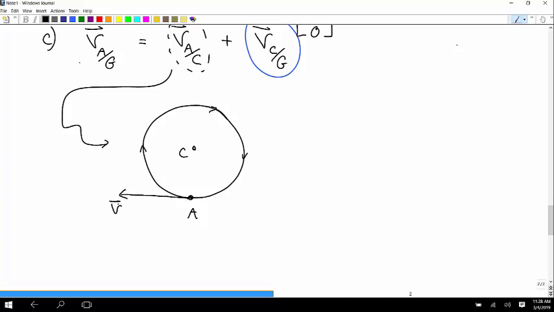And the magnitude of the velocity, the speed of that point A, is equal to omega r, absolute value. And I want you to notice that now this isn't rolling without slipping that we're doing.